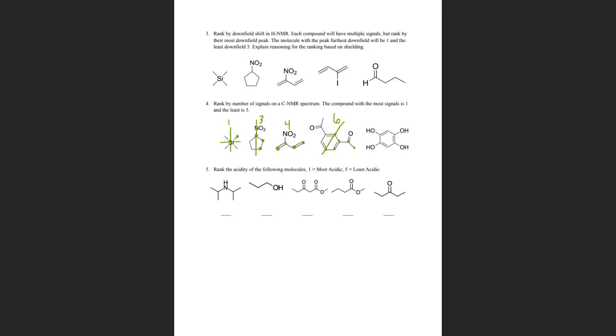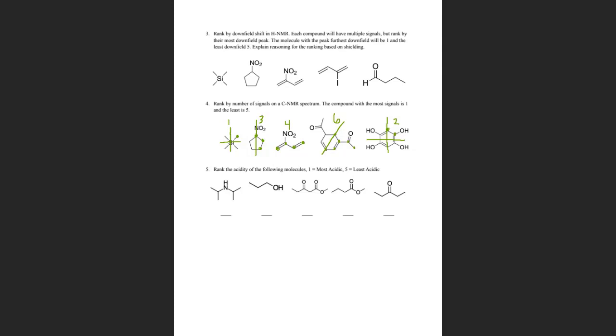And here we have a lot of symmetry going on. You have your 2 planes of symmetry here, so the only carbons that are really going to be distinct are 2 of them in any plane that you choose. So there you have 2 signals.